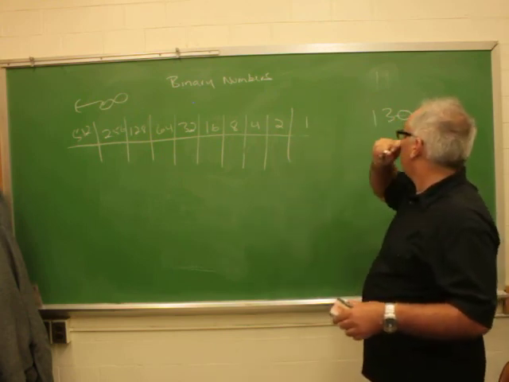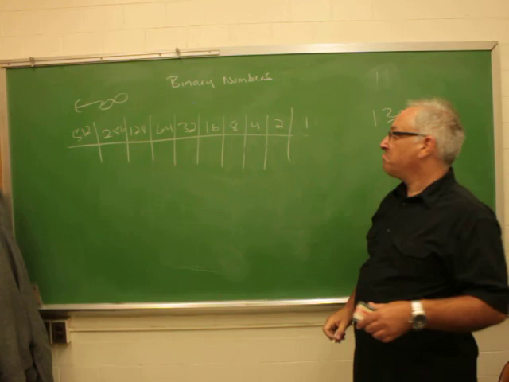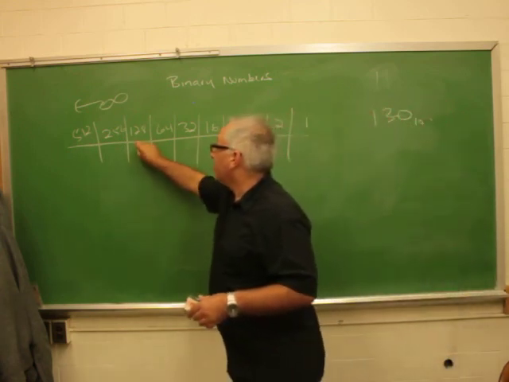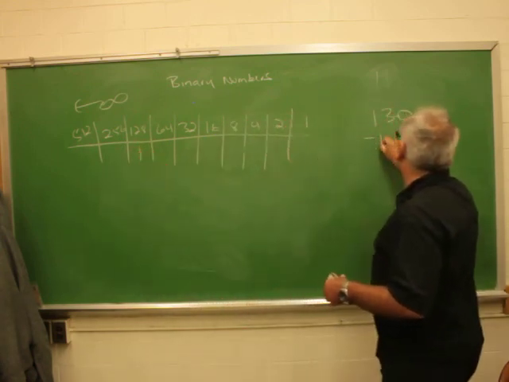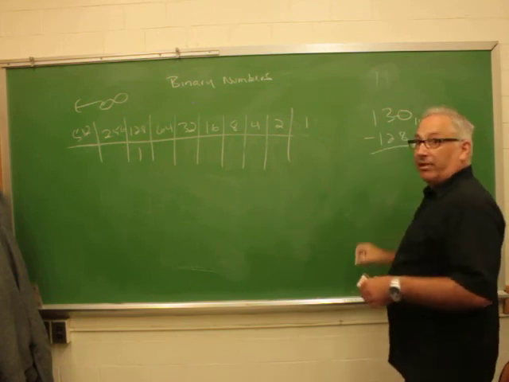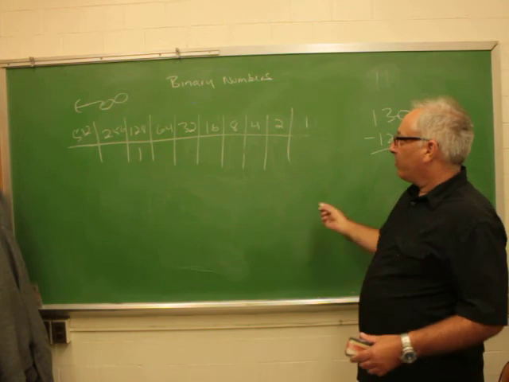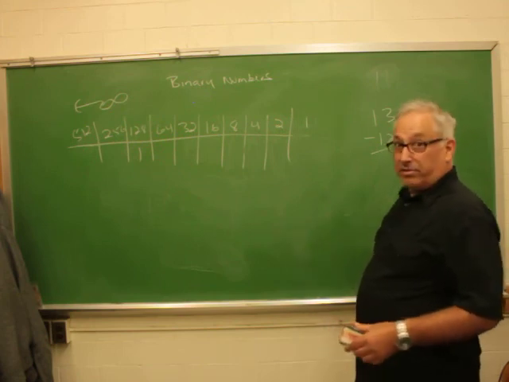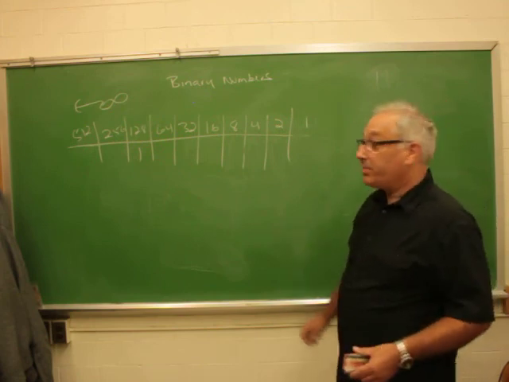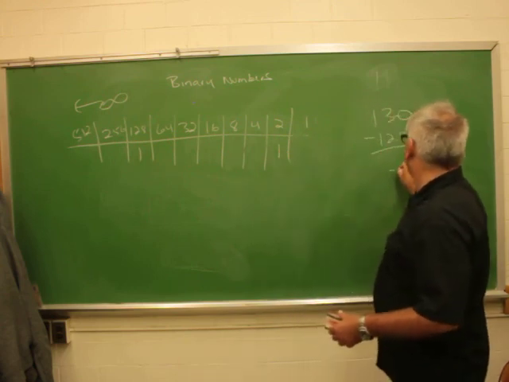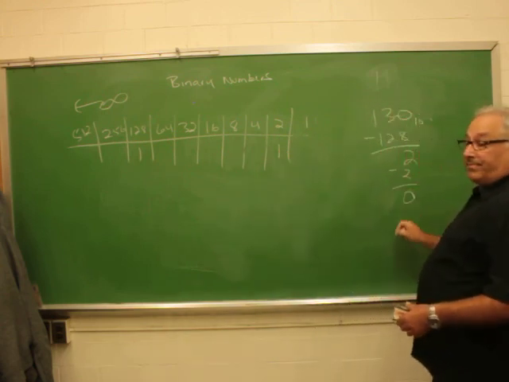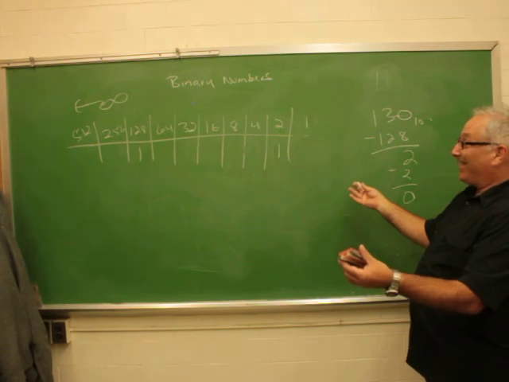Number in the chart closest possible to 130 without going over? That's 128. Place a 1. Subtract 128. I'm left with the value of 2. Number in the binary place value chart, as close to 2 as I can get without going over? Well, that'd be 2. 2 minus 2 is 0. So, I'm done. I won.